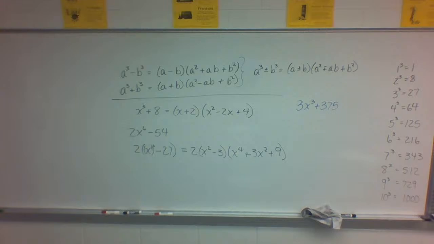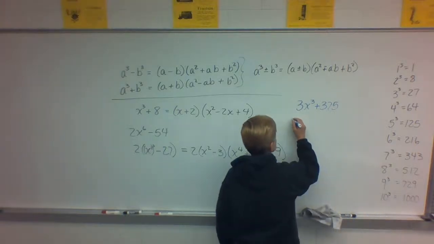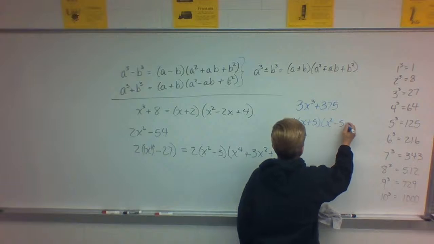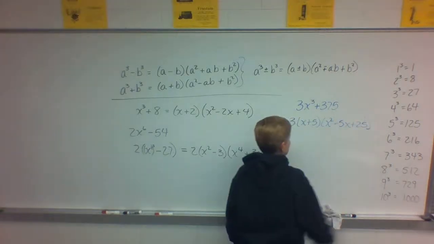Square this on the front. Take this times this in the middle, and then negative sign. Square 5. Can I help anyone else finish it? Know what you got?